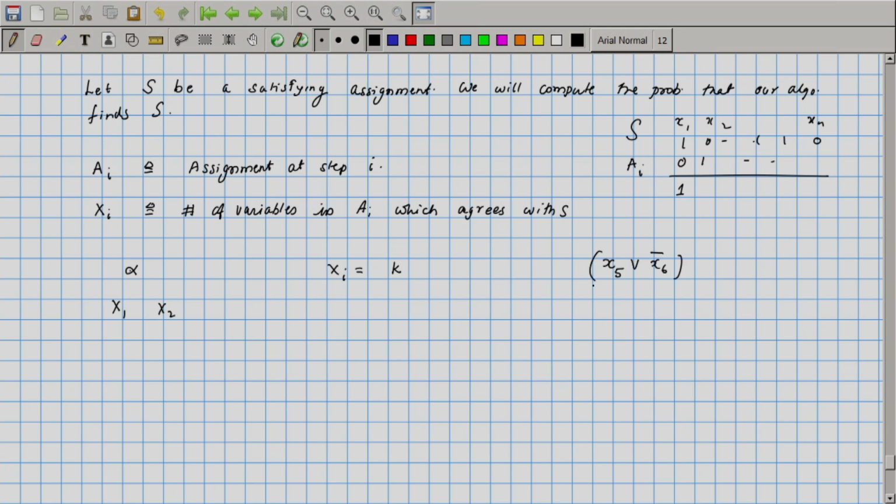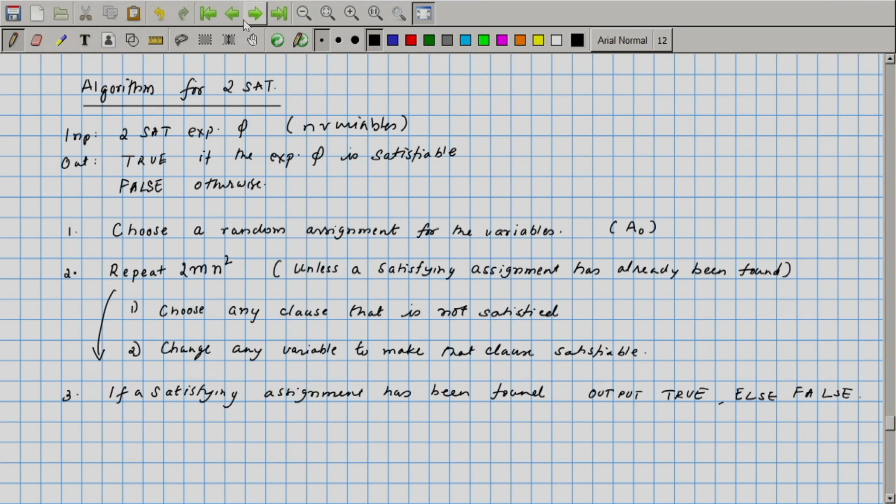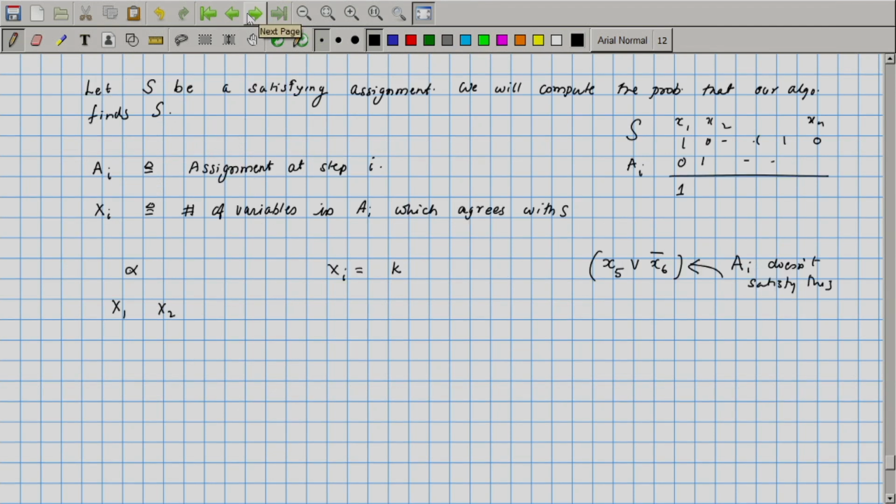This clause is not satisfied by A_i, and we flip the value of one of x5 or x6, chosen randomly, to make the clause satisfied. Now, since S is a satisfying assignment, this is an important point.